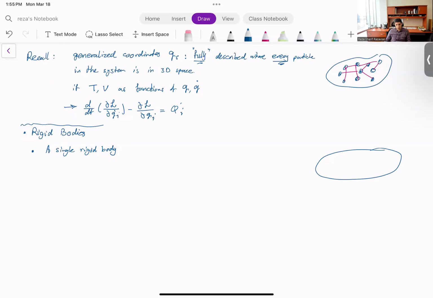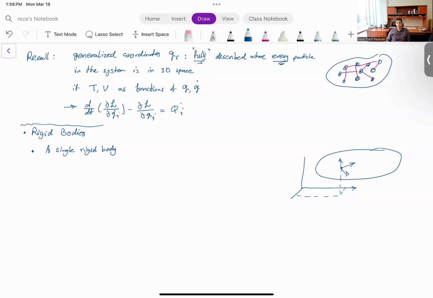For instance, something we can do is take the position of one particle in the body in 3D space, and how the body is oriented in space at this point.